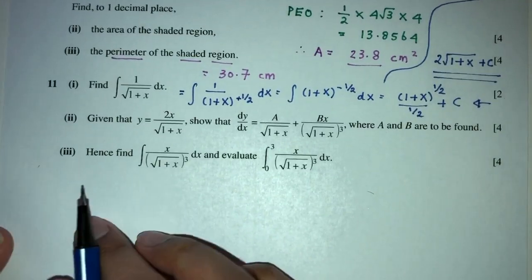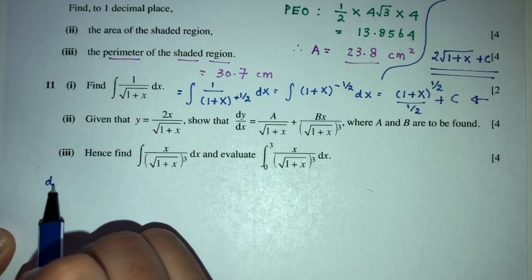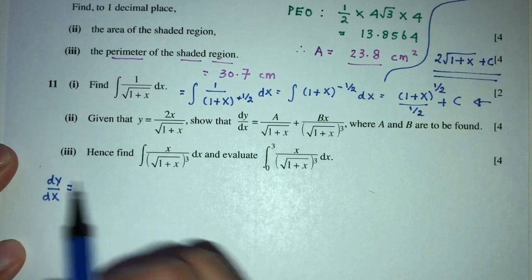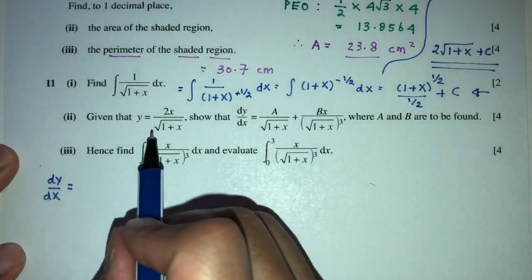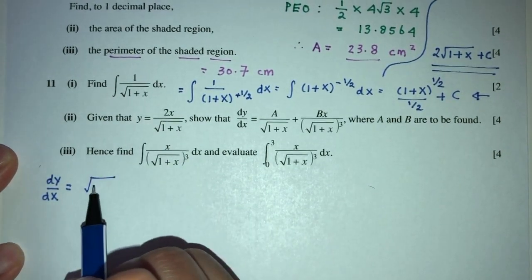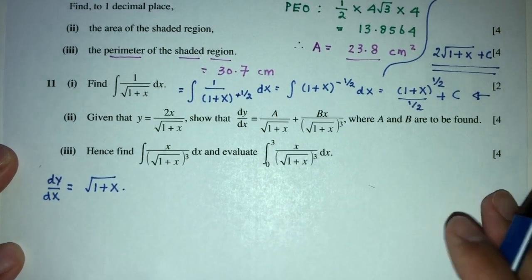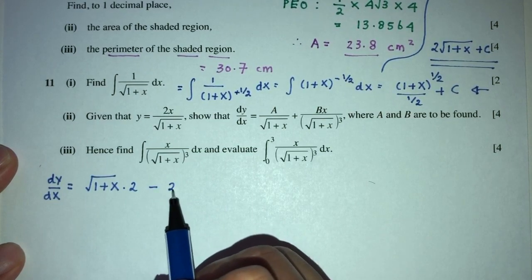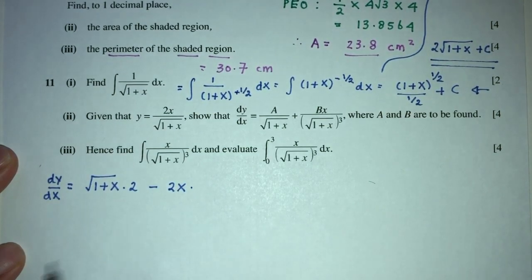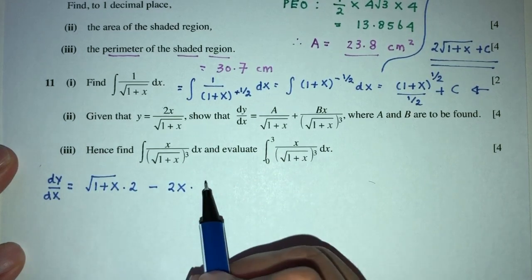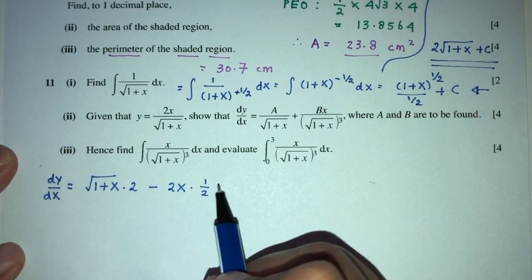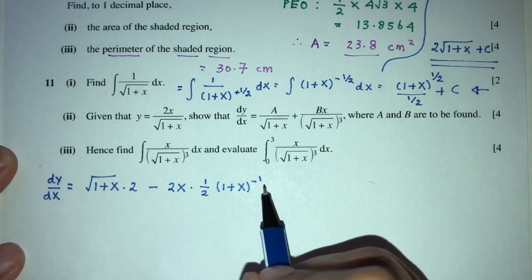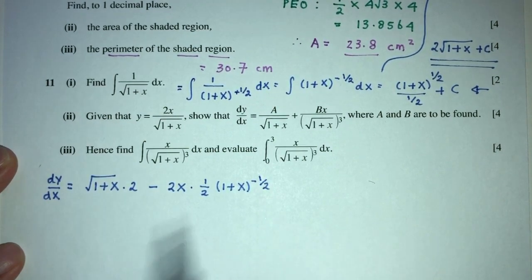So we have to find dy by dx from this. As you can see, this is clearly a fraction, so dy by dx has to be done by using the quotient rule. First we write down the denominator as it is, multiplied by d by dx of the numerator, which will be 2, then minus, write down the numerator as it is, multiplied by d by dx of the denominator, which will be half (1 plus x) to the power of minus half.